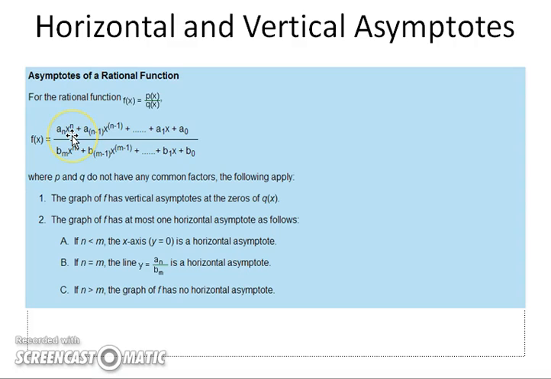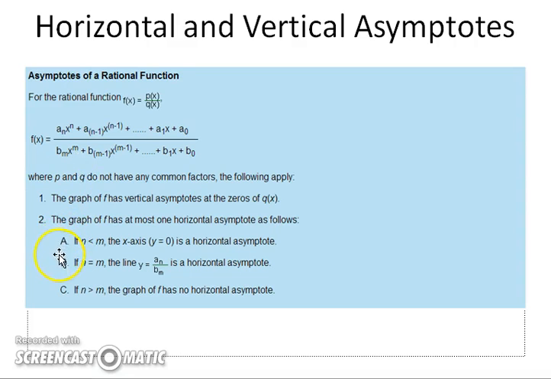So, for example, if this value of n was 3 and m was 2, then the numerator would be a cubic polynomial, and the denominator would be a quadratic polynomial. Those two numbers, the n and the m, are going to be important for figuring out if there are horizontal asymptotes, and if so, where.